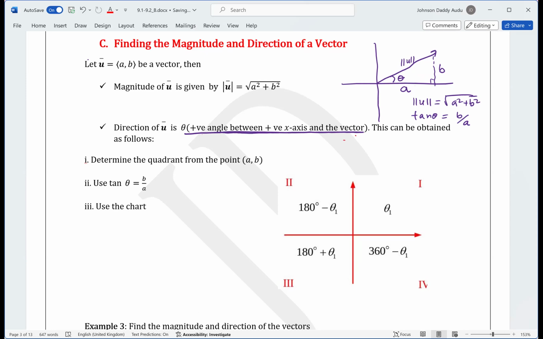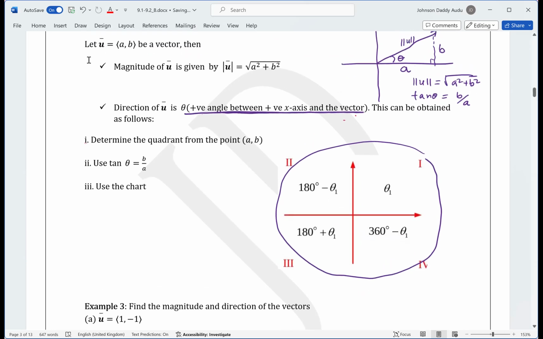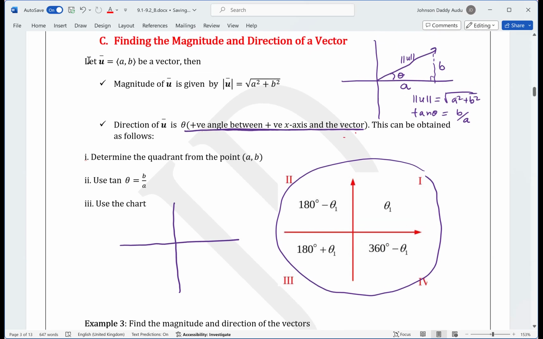Now this is for a vector in the first quadrant, but you can have a vector in the second quadrant, the third quadrant, or the fourth quadrant. That is why we need this chart. Let me explain some briefly here. In the first quadrant, which is what we've discussed here, theta is going to be our reference angle, and this theta is still going to be our angle in standard position.